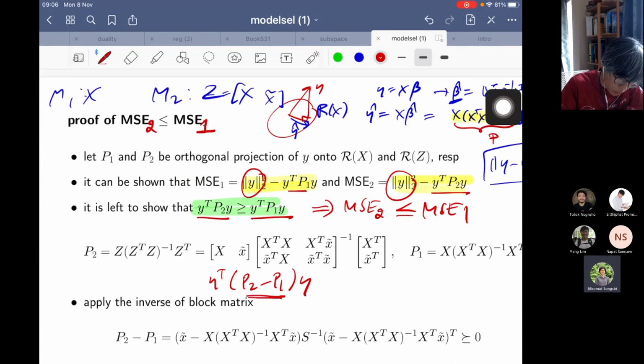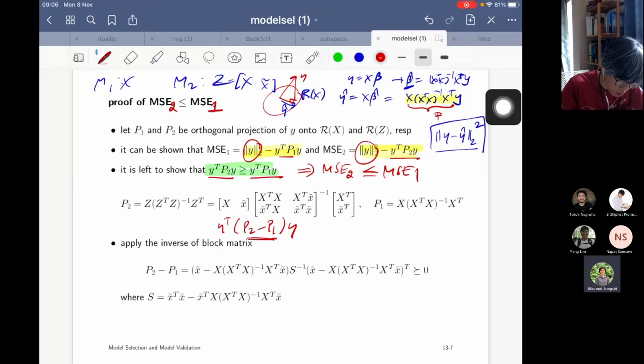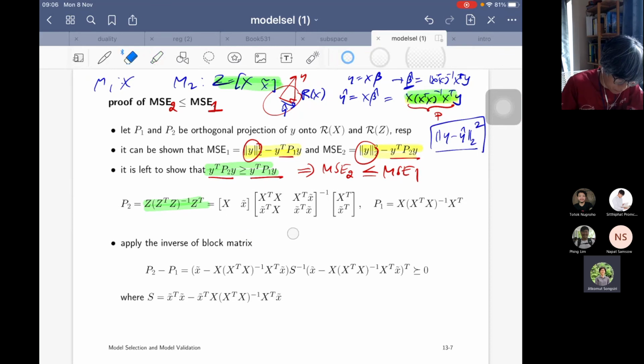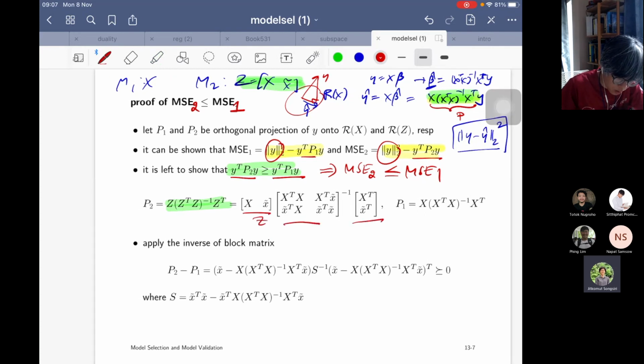Now, we're going to use that the orthogonal projection matrix depends on the regressor matrix. For P2 I use Z. Because of the relationship between Z and X from the green term, you just put Z here.